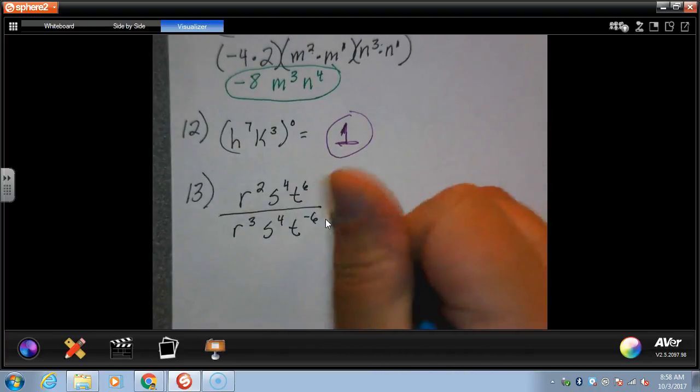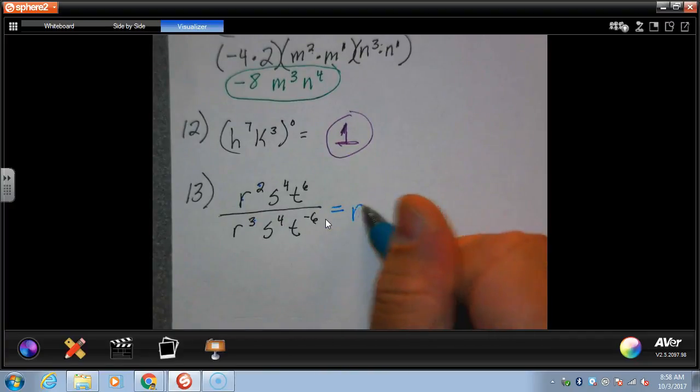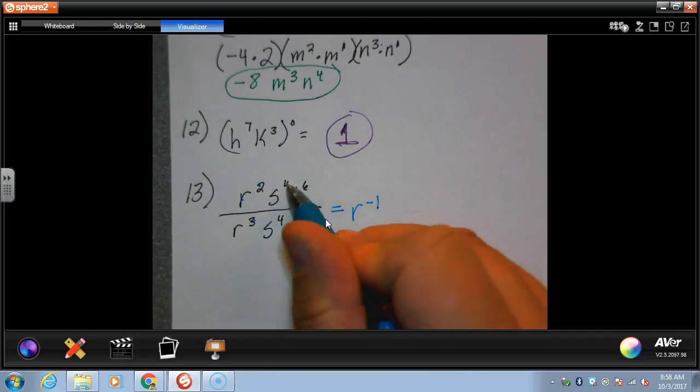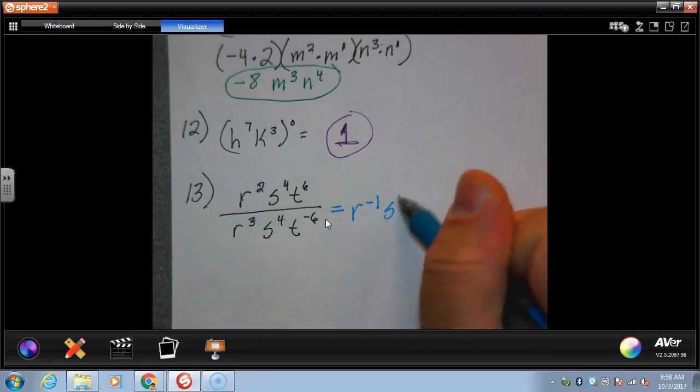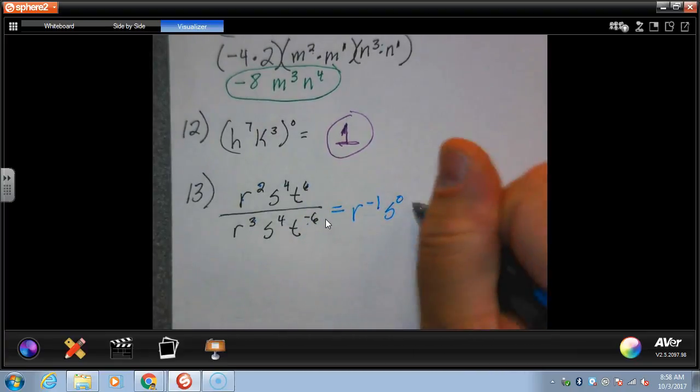Let's see. R to the 2 minus 3 is r to the negative 1. S to the 4 minus 4 is s to the 0. T to the 6 minus negative 6 is t to the 12.